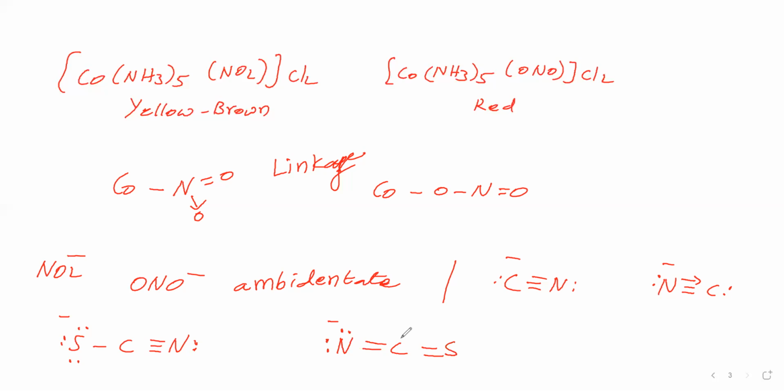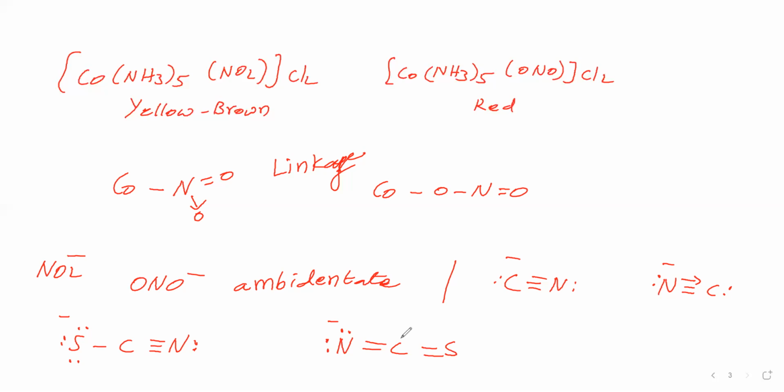So in structural isomers, one is structural isomers, we have discussed 4 types. Next, we will go for geometrical isomers.